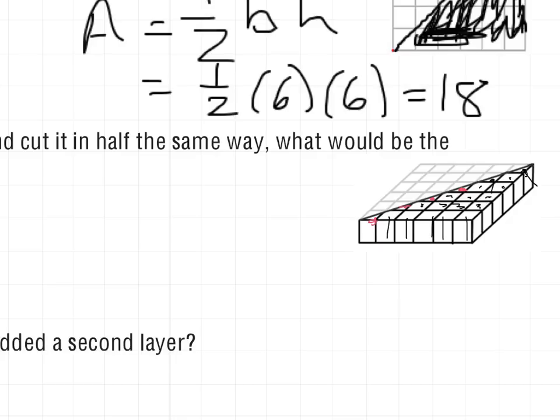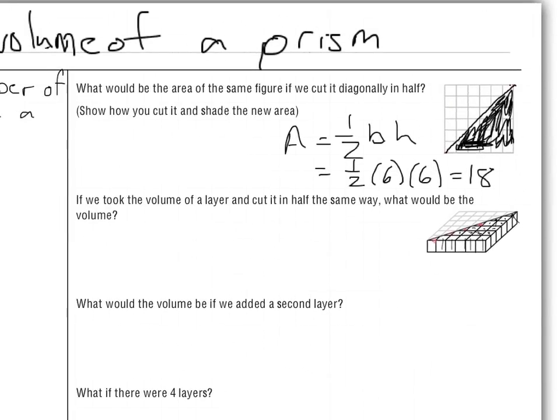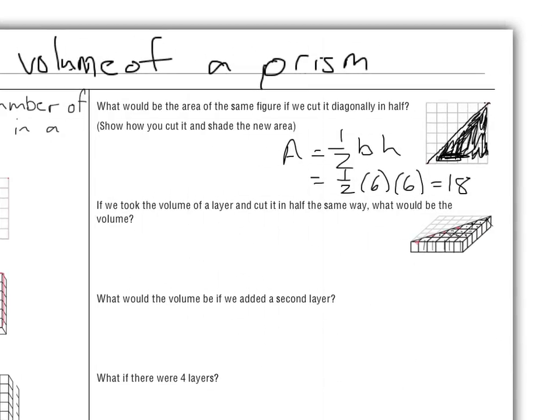So once again we see the same idea that in order to make this, the single layer is also the same thing as the area of the base. So the volume here is equal to 18.